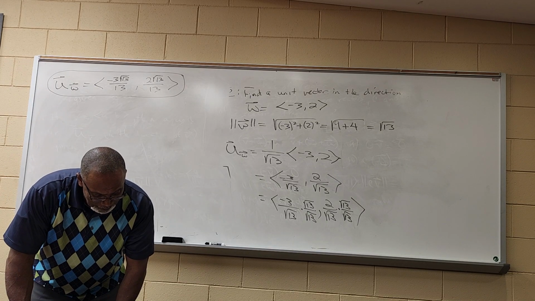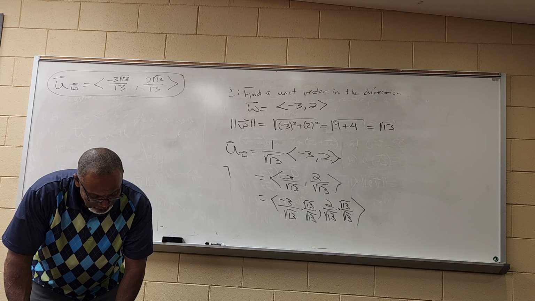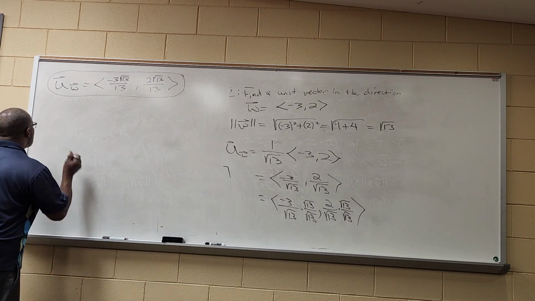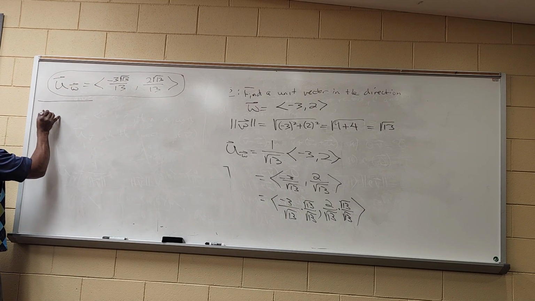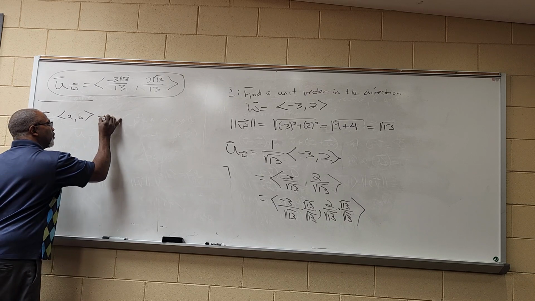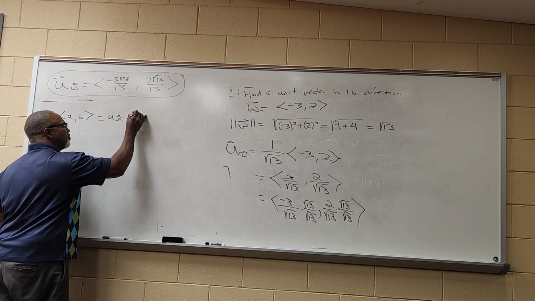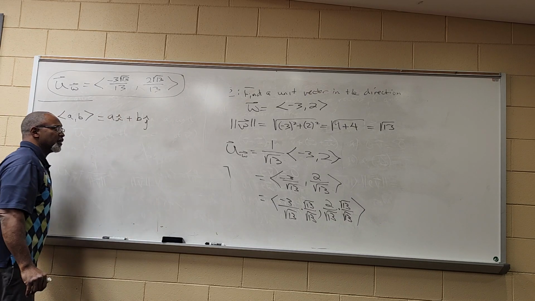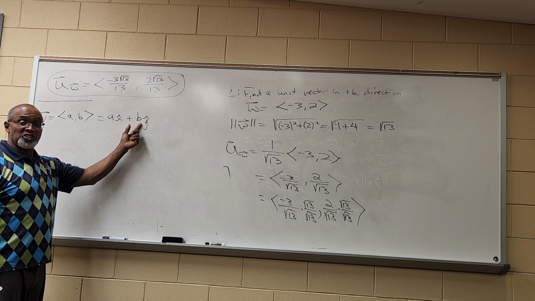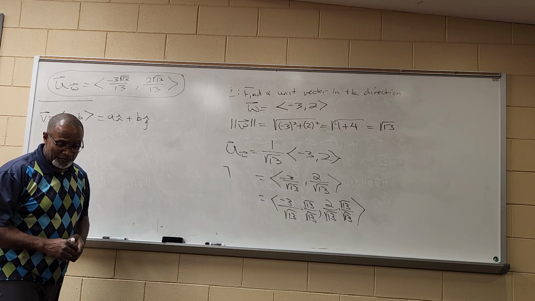We talked about representing vectors in i j form. So again, vector AB, I can represent it like that. Well, I can also write it as Ai plus Bj, where again i is a unit vector in the positive x direction, j is a unit vector in the positive y direction.